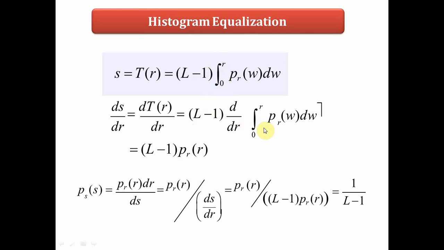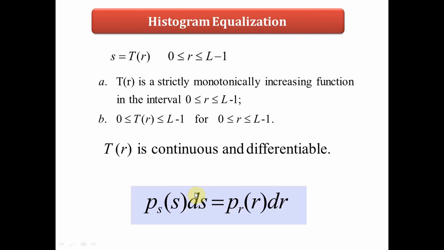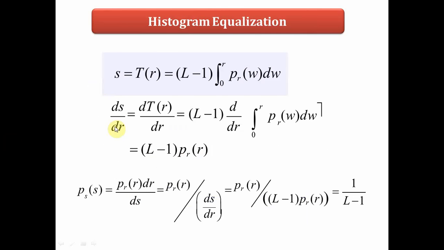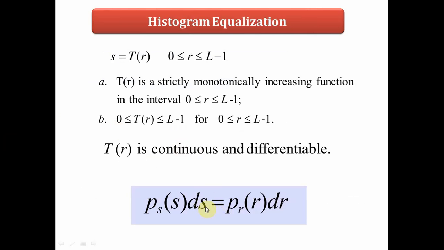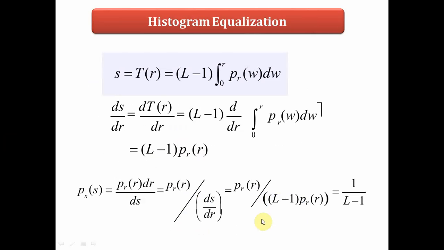Simply this integration and this differentiation leave P_R(R). So now you have ds by dr as L minus 1 times P_R(R). So ds by dr is equivalent to P_R(R) divided by P_S(S). Same thing, you have the same equation for P_S(S).